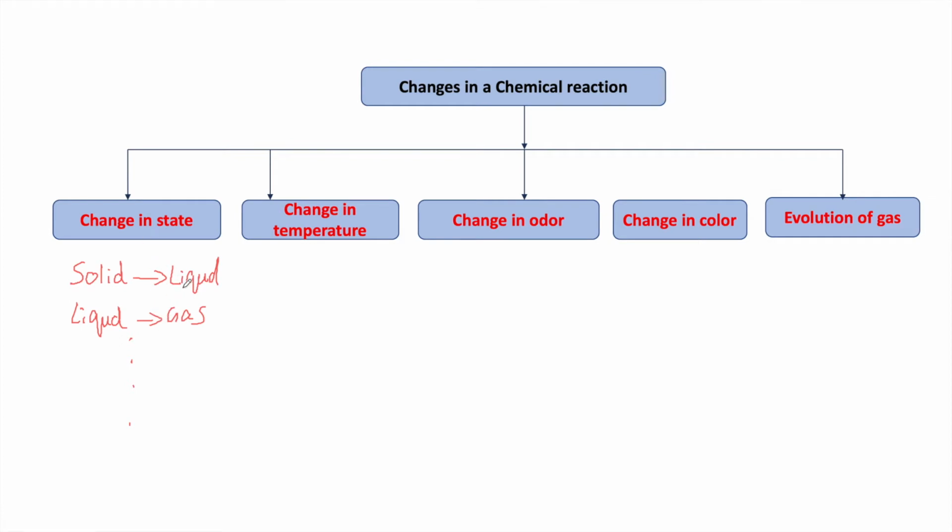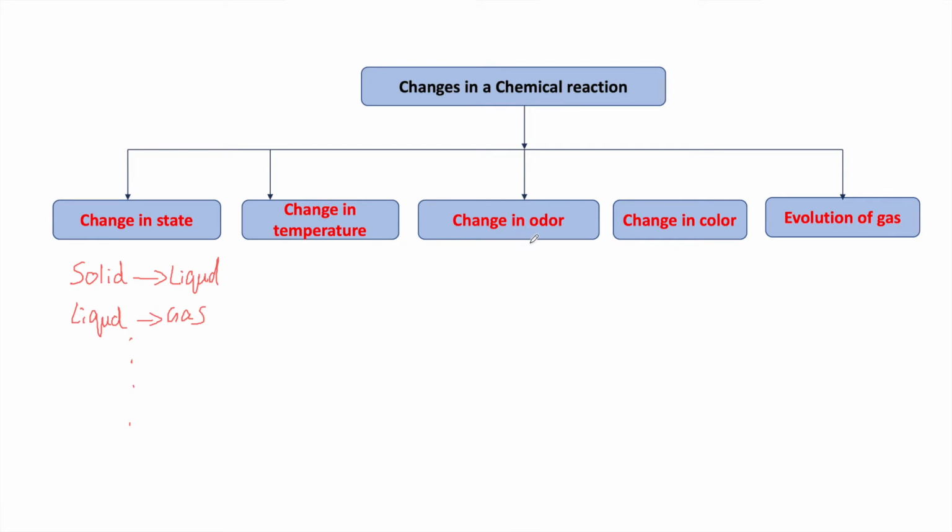If there is a change in state, there will definitely be a change in temperature. If one substance is changing its state from one state to another, there will definitely be a temperature increase or decrease. So these two are interconnected. Then change in odor.